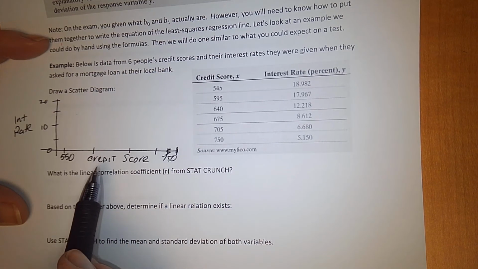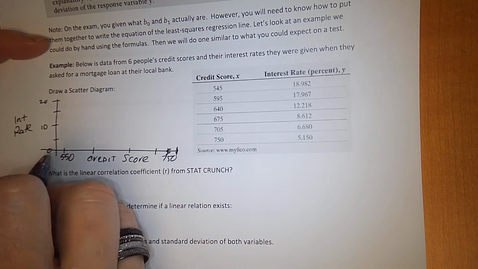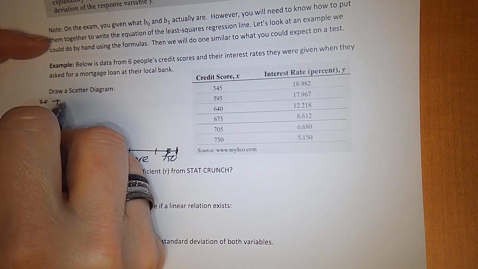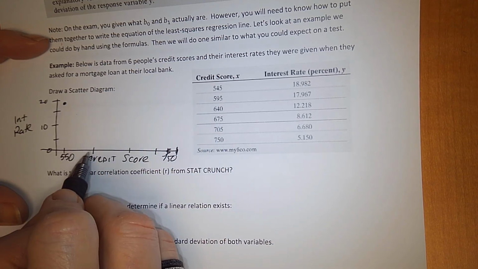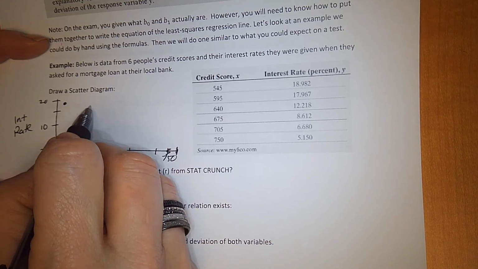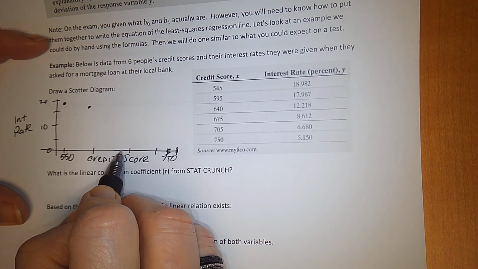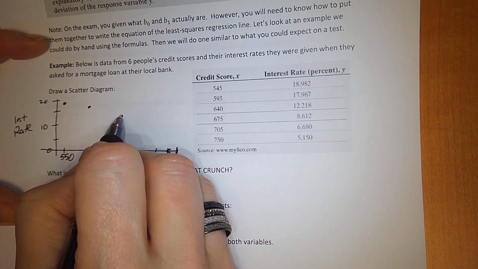So our information here, we've got a credit score of 545 with an interest rate of almost 19. A credit score of 595 has an interest rate of almost 18. A credit score of 640 has an interest rate of 12.2.